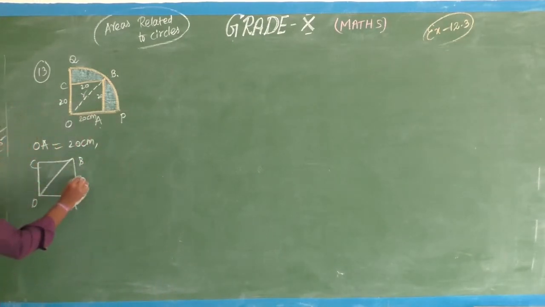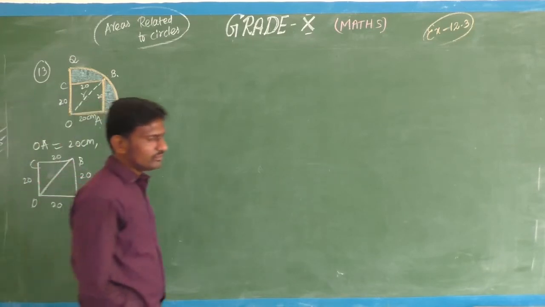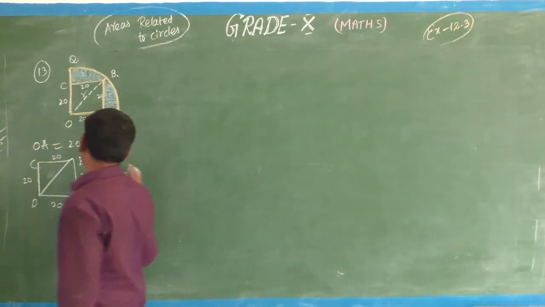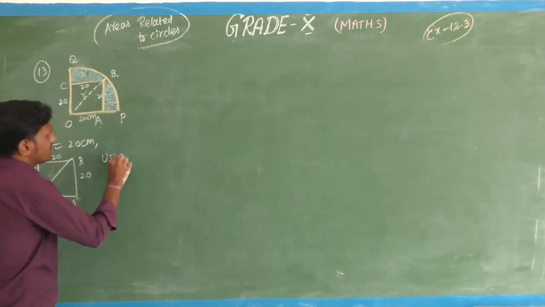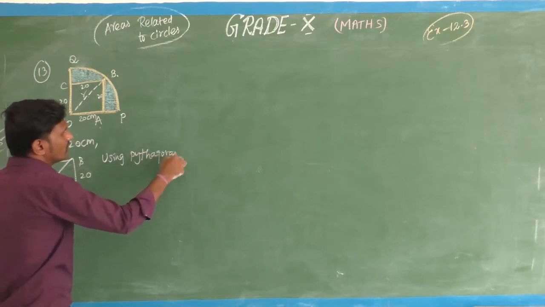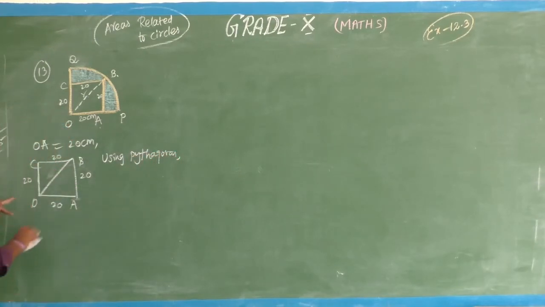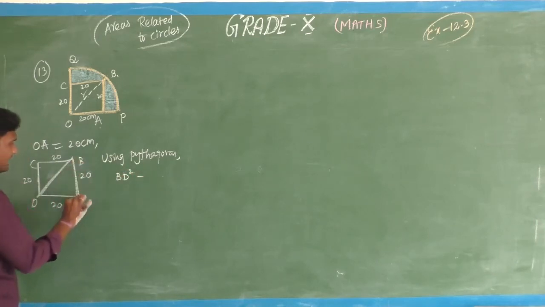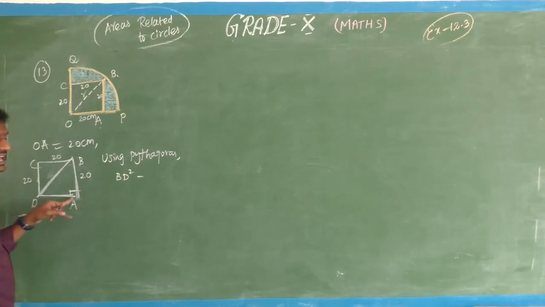Here OA, AB and BC are all 20 centimeter. So using Pythagoras theorem, I am going to find the radius. This is a right angle triangle, so I am going to use the Pythagoras theorem.